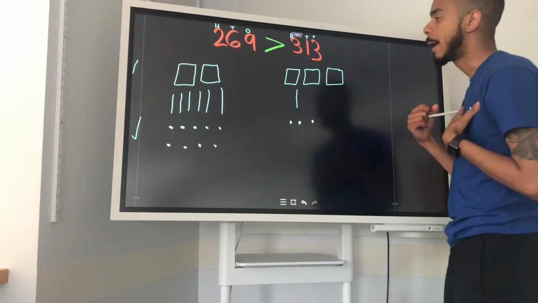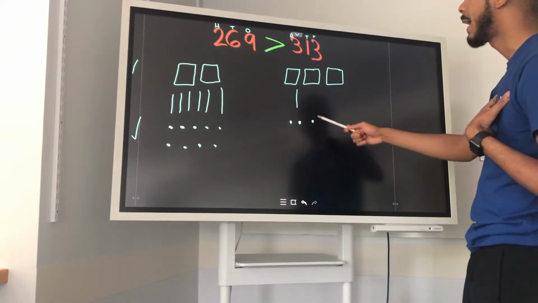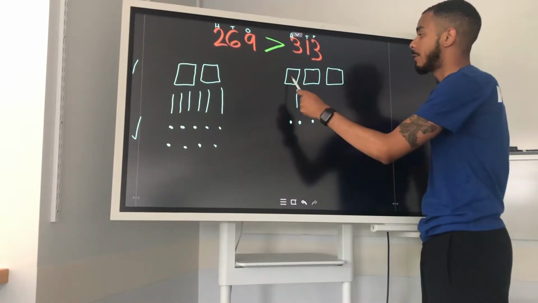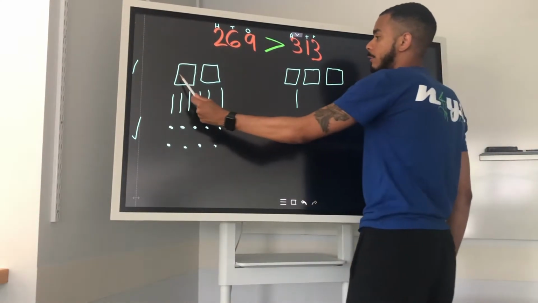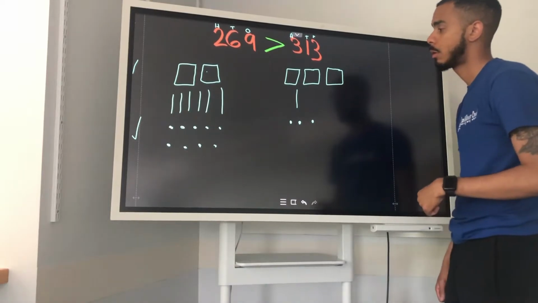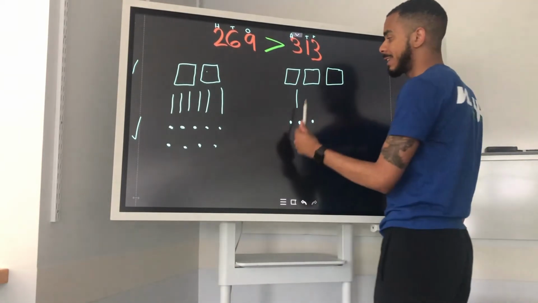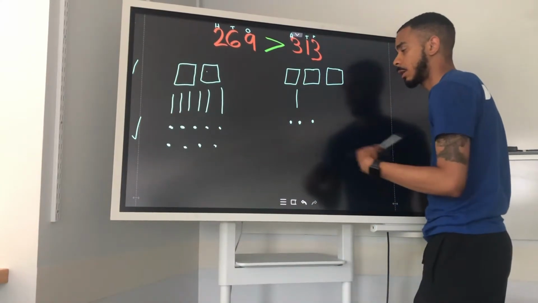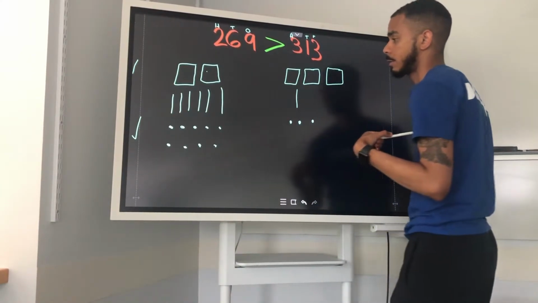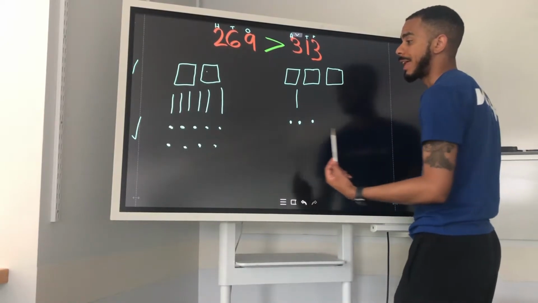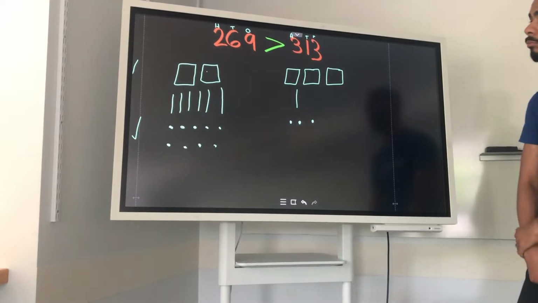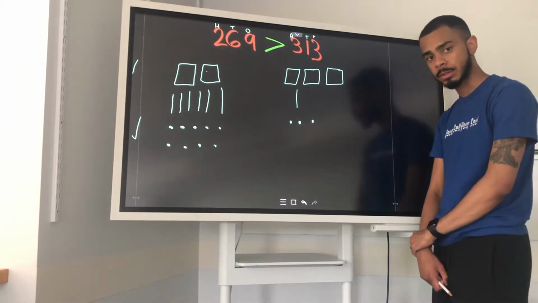I notice that this number has more hundreds than that number, right? Because we have 300s here and we have 200s here. I also notice that this number has less tens than this number. This has 1 ten, this has 6 tens. I also notice that this number has more ones than this number. Okay? So those are the 3 things I noticed.